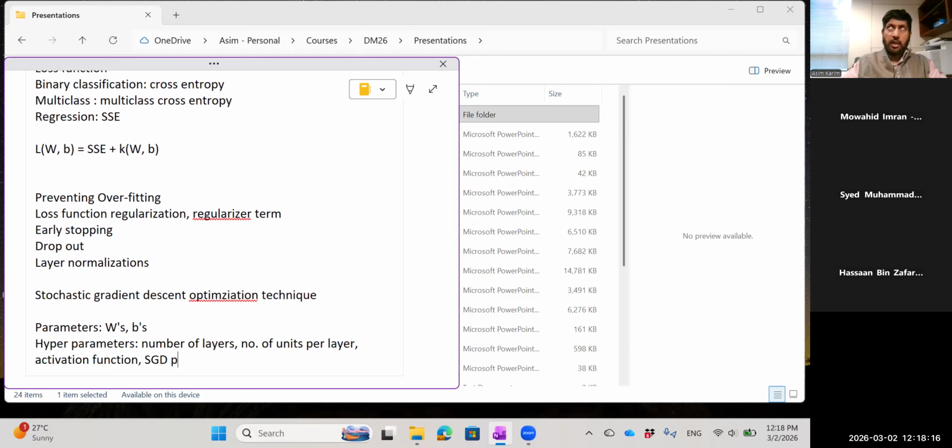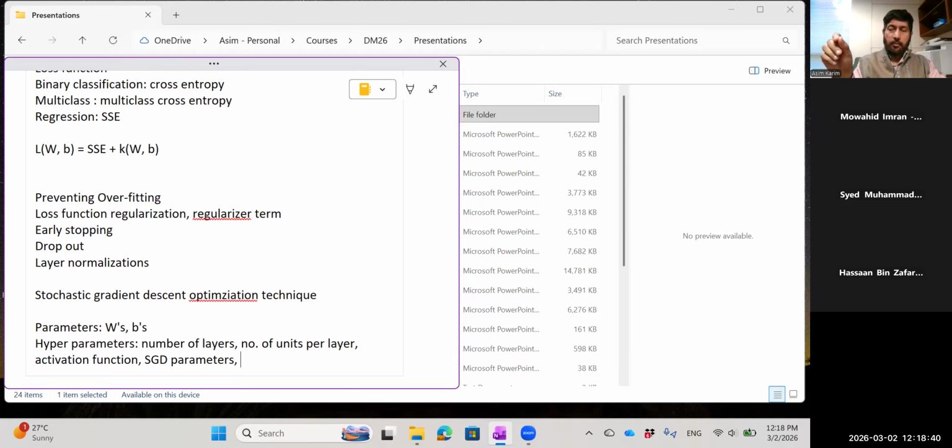Stochastic gradient descent के जो पैरामीटर्स हैं, मोमेंटम के पैरामीटर्स हो सकते हैं, अदर पैरामीटर्स जो स्टेप लेंथ के पैरामीटर्स हो सकते हैं. ये all of these would be part of hyperparameters. So lots of hyperparameters actually. So you can classify them as architectural parameters. Architectural parameters, number of layers हो गए, number of units per layer हो गए, and so on.